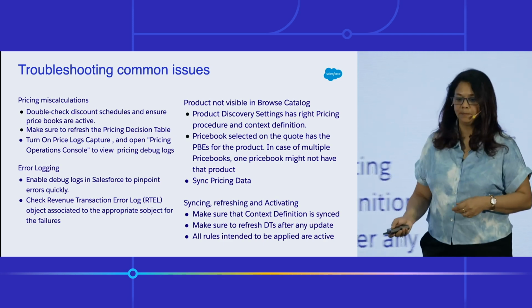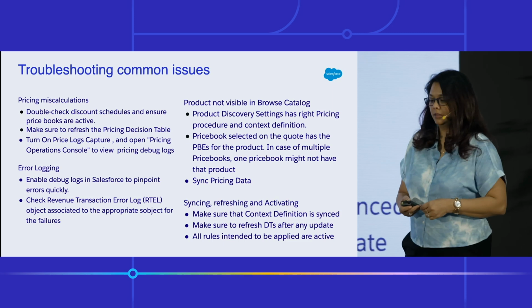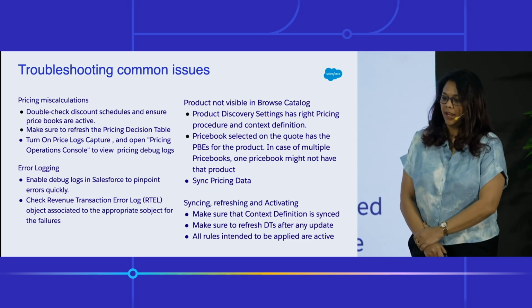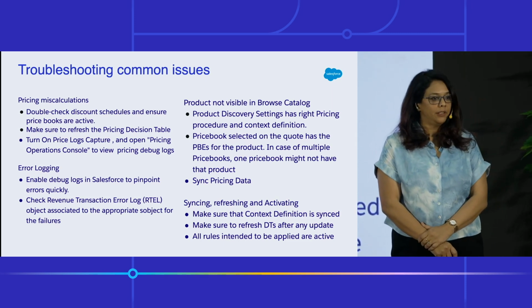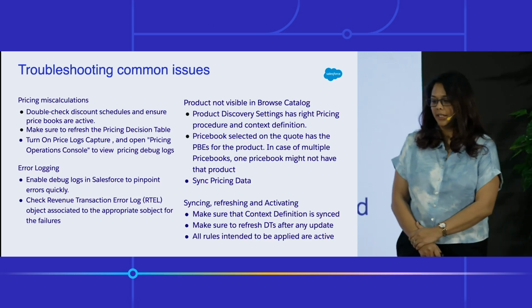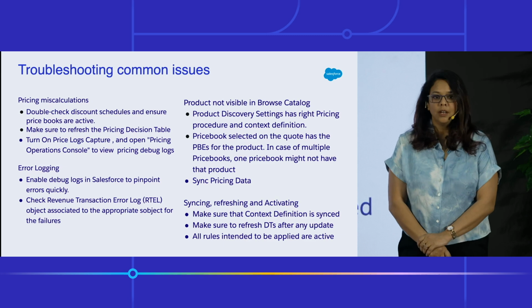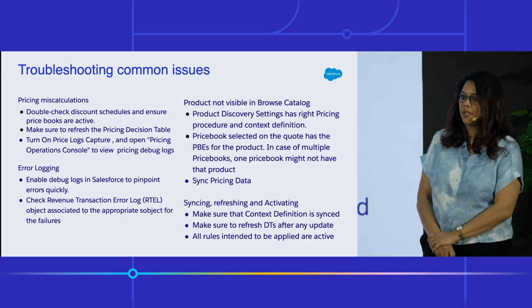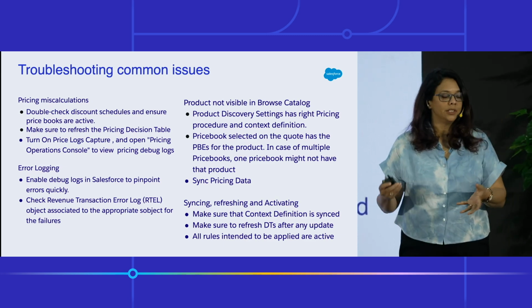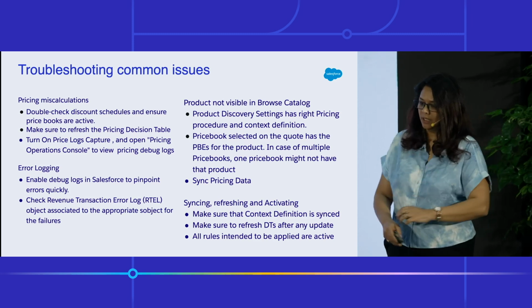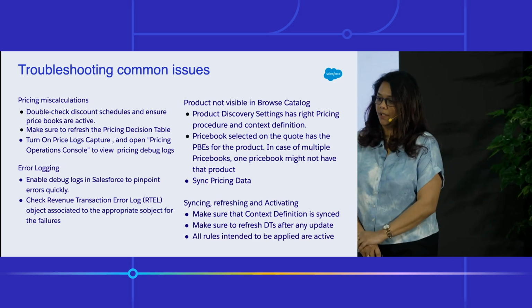You can take a screenshot of this, and you can also enable error logging, and that's a standard thing. You can check revenue transaction error logs for that specific entity. Mostly if you are doing something on a certain entity, you will get RTELs, as we call them.